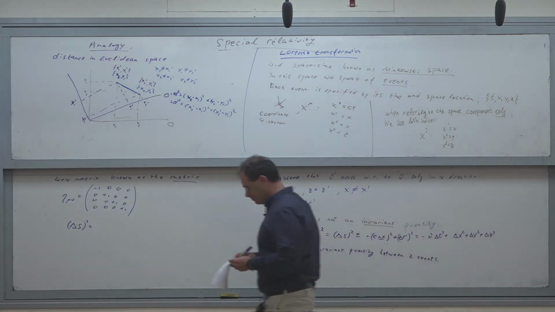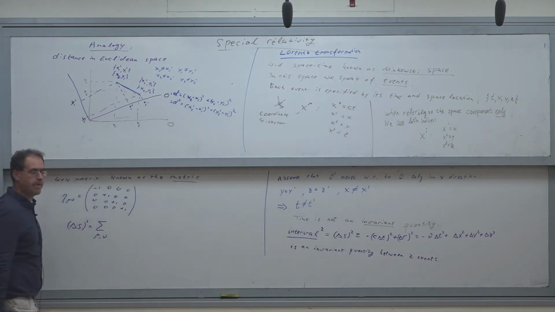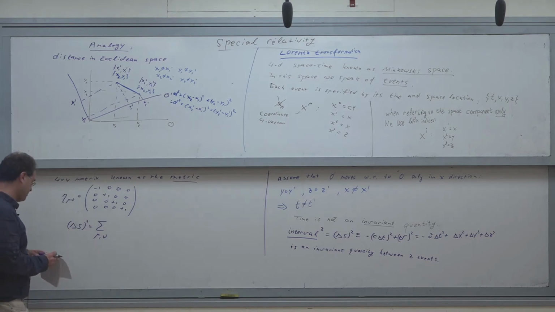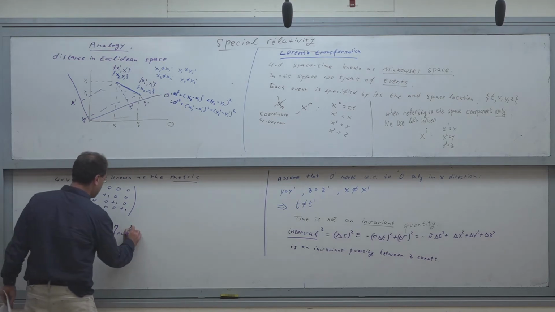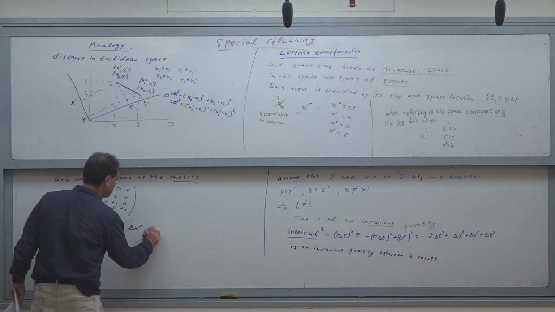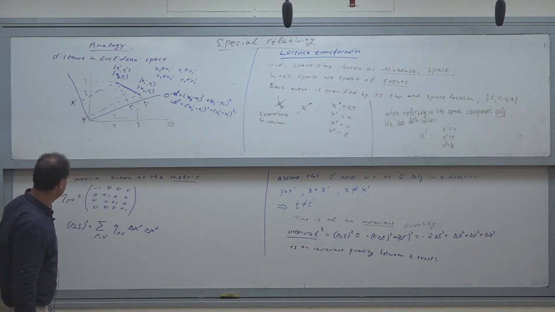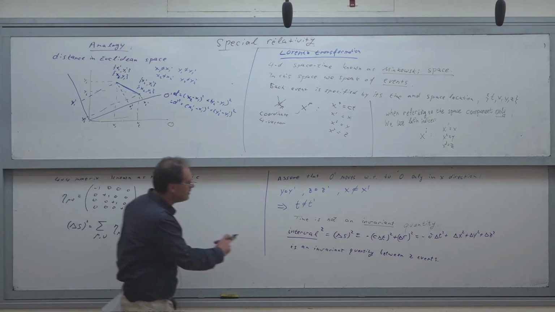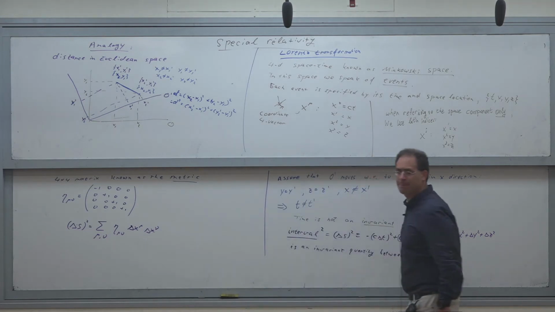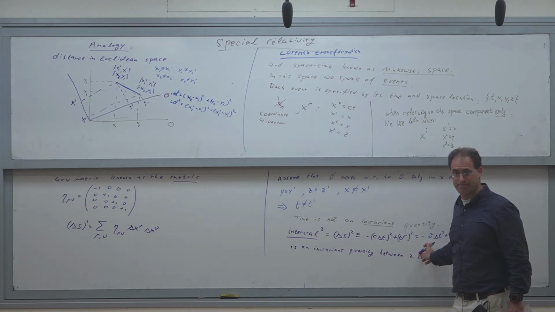This is just a summation over mu and nu of eta mu nu, delta x mu, delta x nu. Now, this is identical to what is written here. Do you see that?